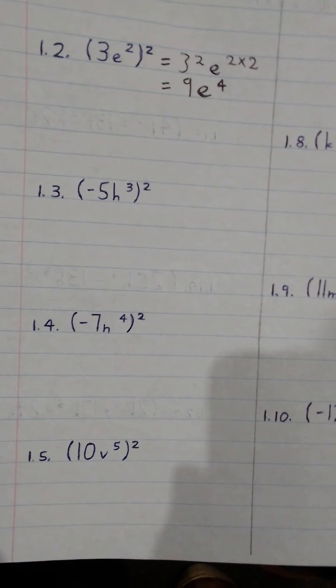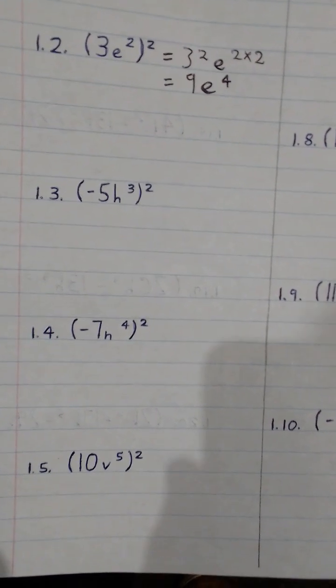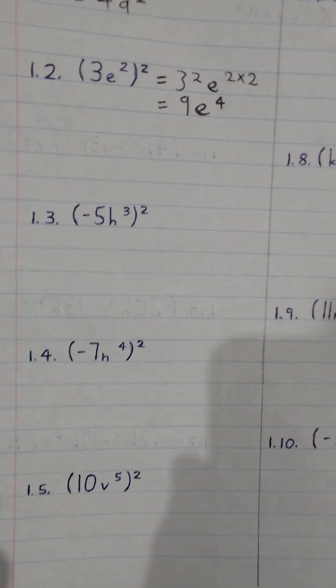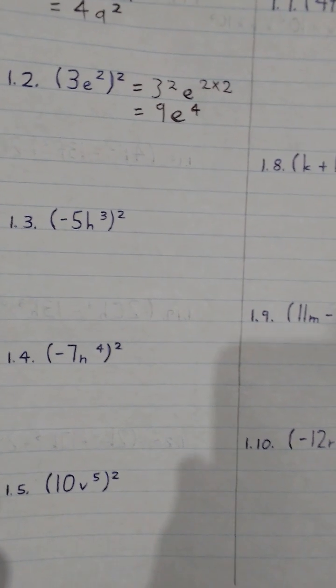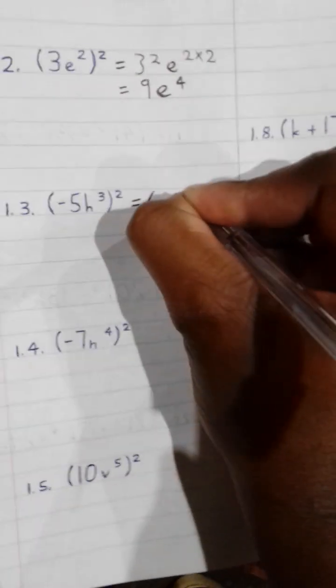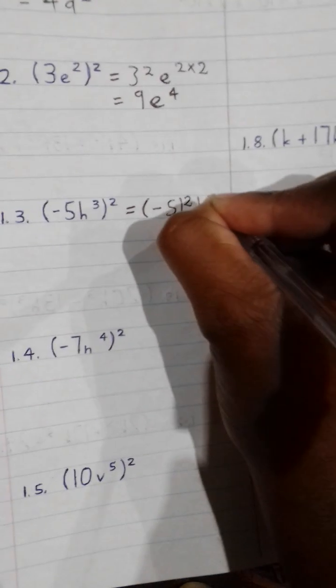1.3, open bracket, negative 5h to the power of 3, close bracket, to the power of 2. So this is going to be negative 5 to the power of 2, h to the power of 3 times 2.